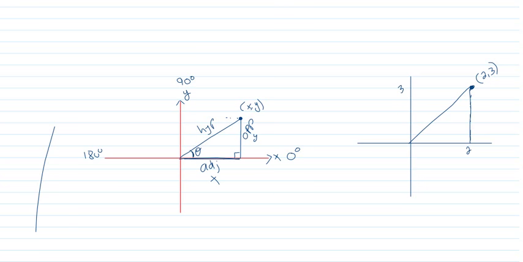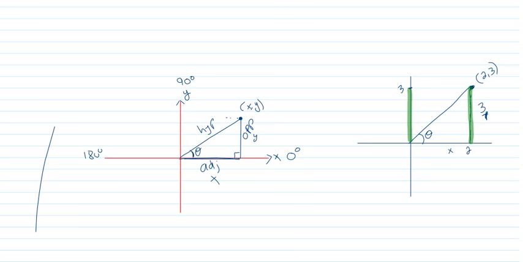So if you look at this triangle, this here is the same as this, right? These are the same. This is the same as this, right? So that means this is 3. Right? And this is your x value, which is 2. Okay. This is your angle of interest, right? Okay. This is your y value, sorry. And this is your x value, yes? So if you look at the point, x value is 2, y value is 3.